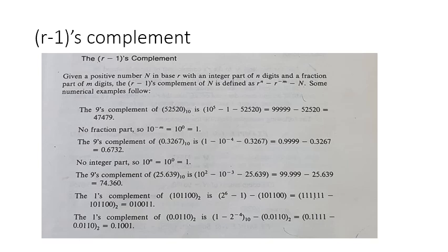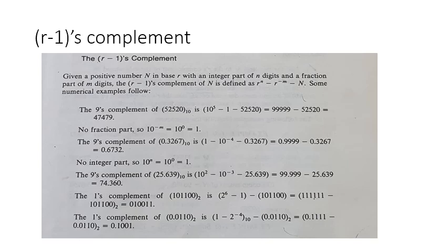So for this number, the number of digits in the fractional part is 0, so m is 0. So r raised to power n minus r raised to power minus m minus N is the general formula for r minus 1 complement, and for r's complement it is simply r raised to power n minus N.